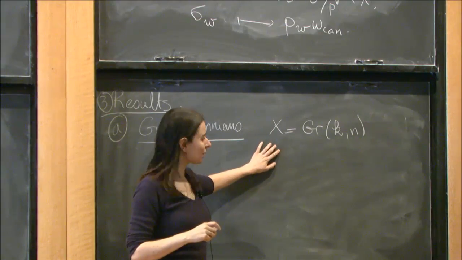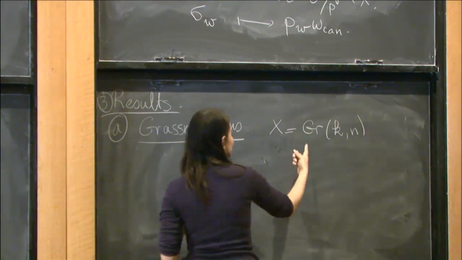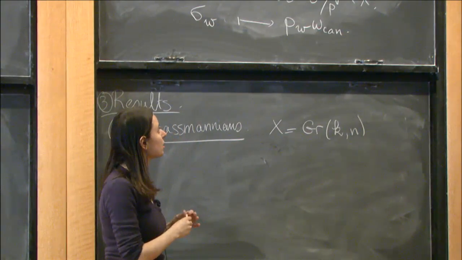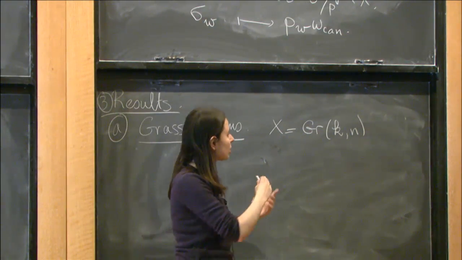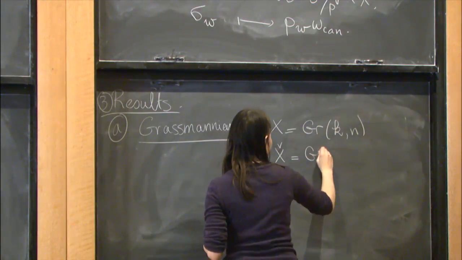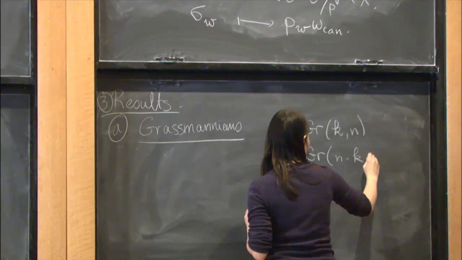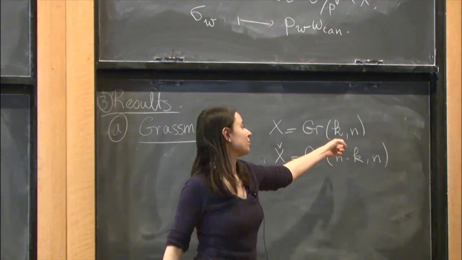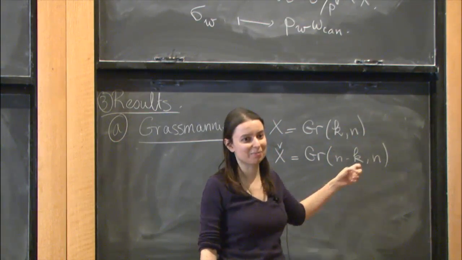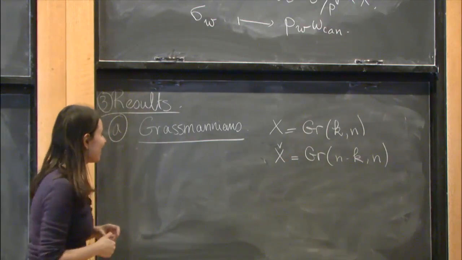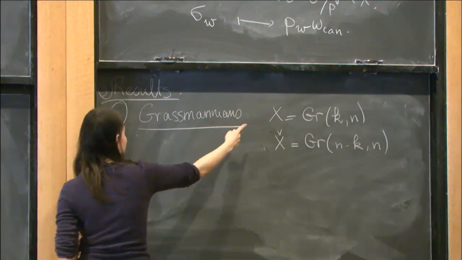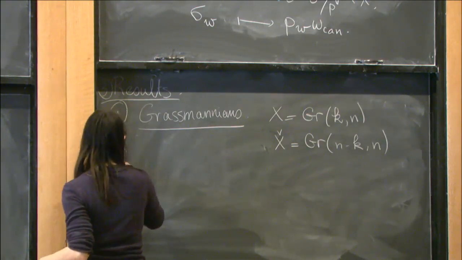As was explained by Lauren, to parameterize the Schubert classes, or indeed the Plücker coordinates of the mirror, which is the Grassmannian of k-planes in C^n, and the mirror is the very different Grassmannian of n minus k planes in C^n, we can parameterize the Schubert classes.